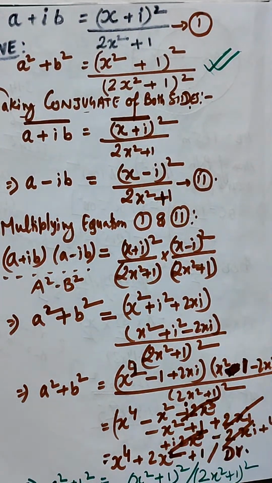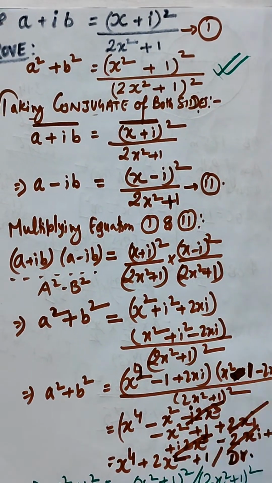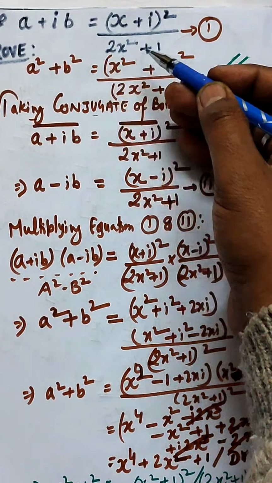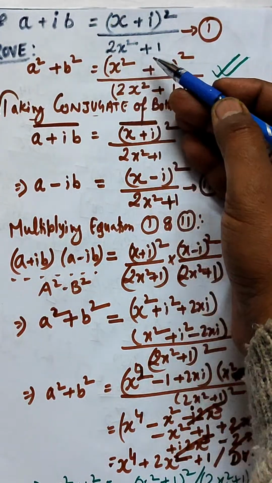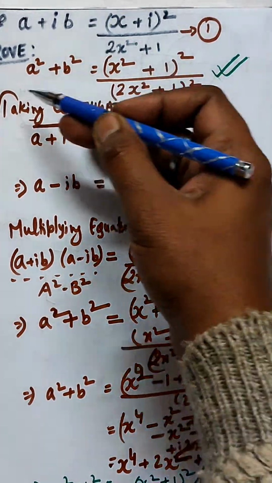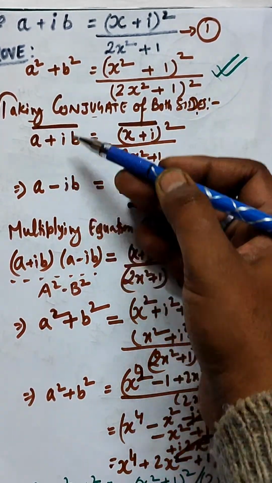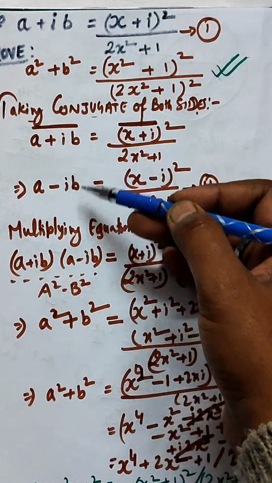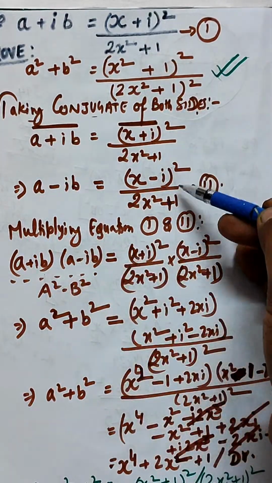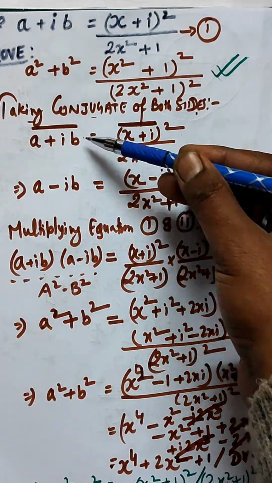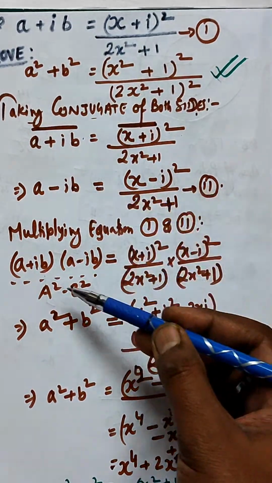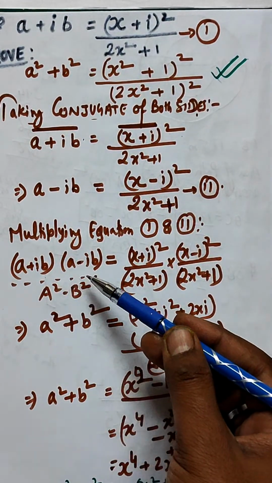That when you have been provided with the value of a plus ib as x plus i whole square by 2x square plus 1, then we need to prove a square plus b square equals this one. So what we did, we took the conjugate of the LHS and after that multiplied both the equations, the initial number with the conjugate, to get a plus ib into a minus ib.